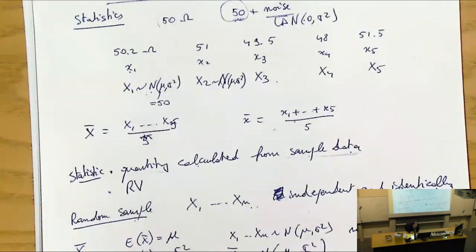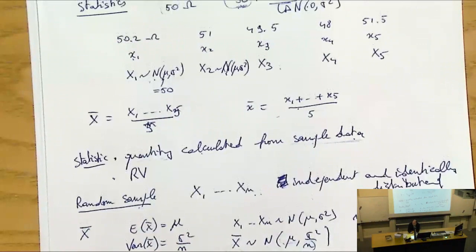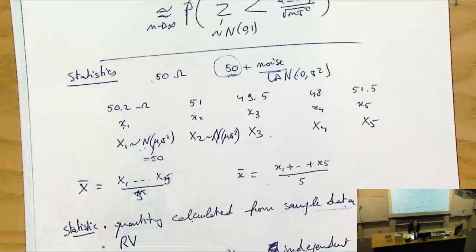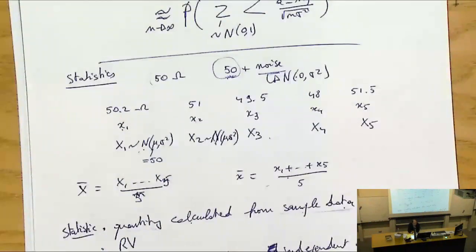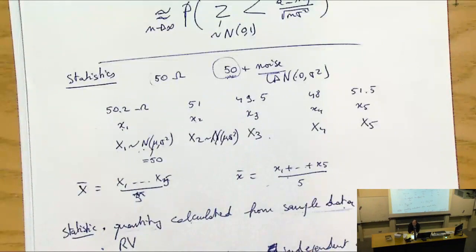So what do we want to do with this? What we want to compute in statistics is to infer. We may know it's normal distributed, but we don't know what this mu is, and we don't know what this sigma square is. In this example, we don't know that the true value we're looking at is 50. What we just observed is 50.2, 51, 49, and so on.